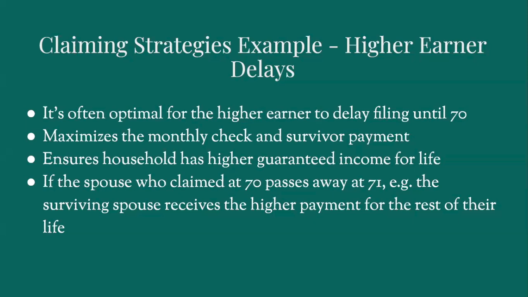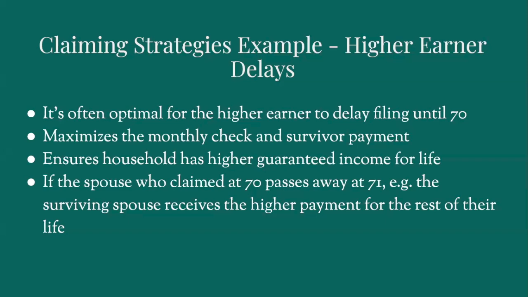So you might have a situation where maybe one spouse, if they waited until 70, would get $3,800 in Social Security. And the other spouse, let's say, was only going to get $2,000. The higher earning spouse waits until 70 and claims the $3,800. And if anything were to happen to the higher earner spouse at any point in time, the surviving spouse can then claim that higher benefit of the $3,800 and take that for the rest of their life.